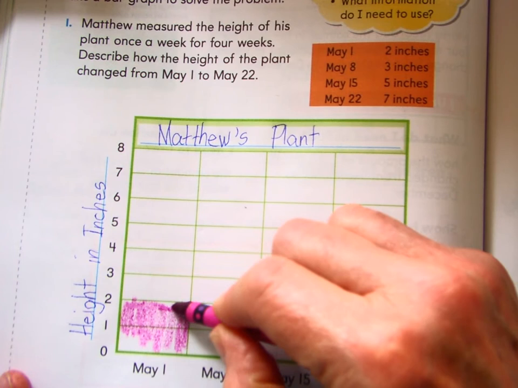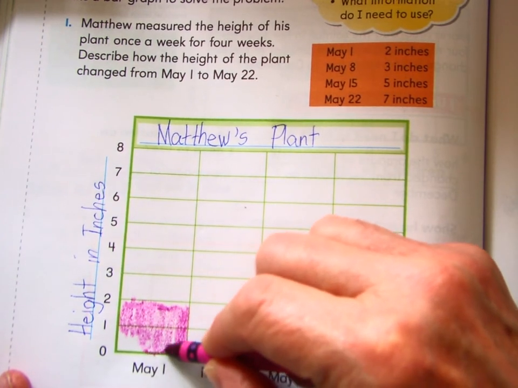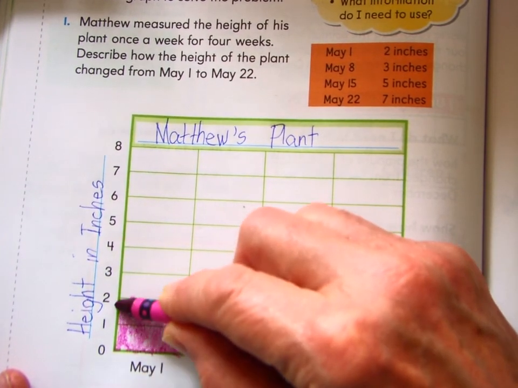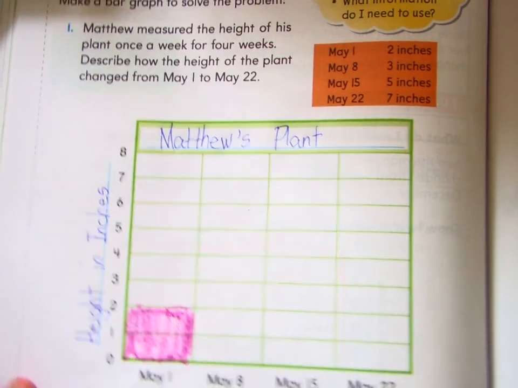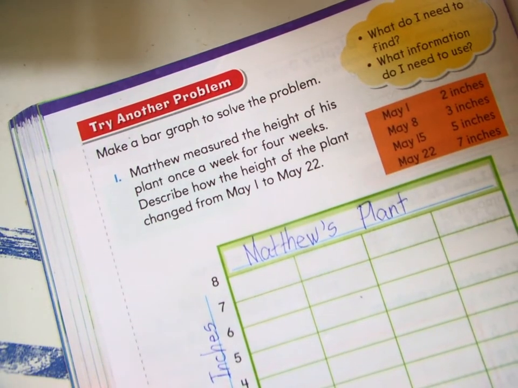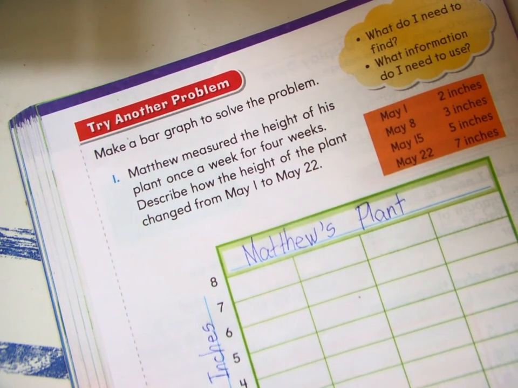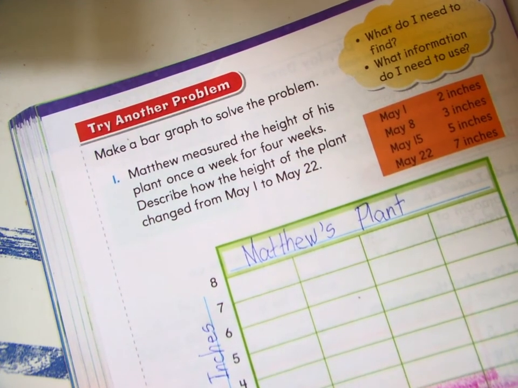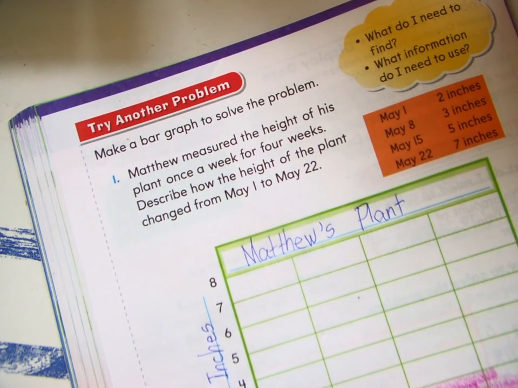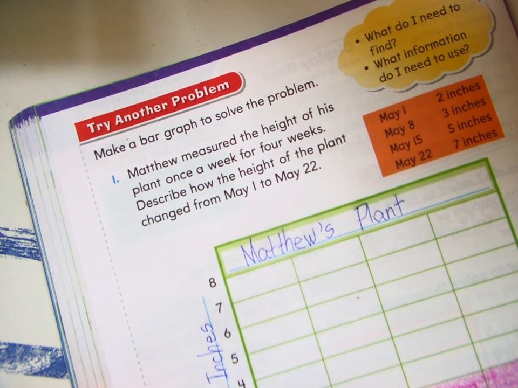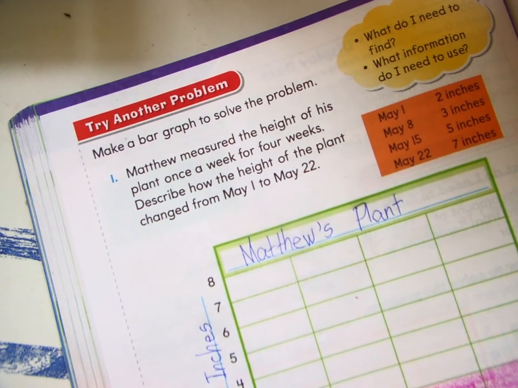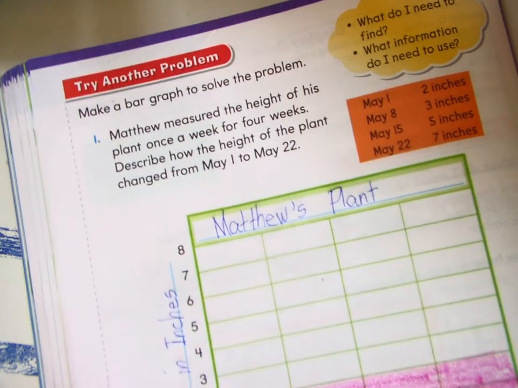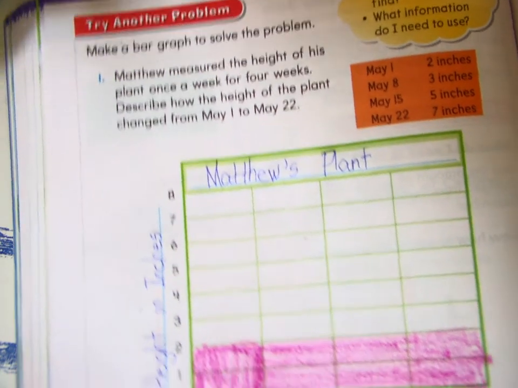Now, on May 8th, it did not start all over again. It started with 2. So all the way across, I'm going to color 2 inches because that was how much it grew the first week. And it didn't die. The plant was still there. So that 2 stayed all the way. The first 2 inches of the plant stayed all the way.